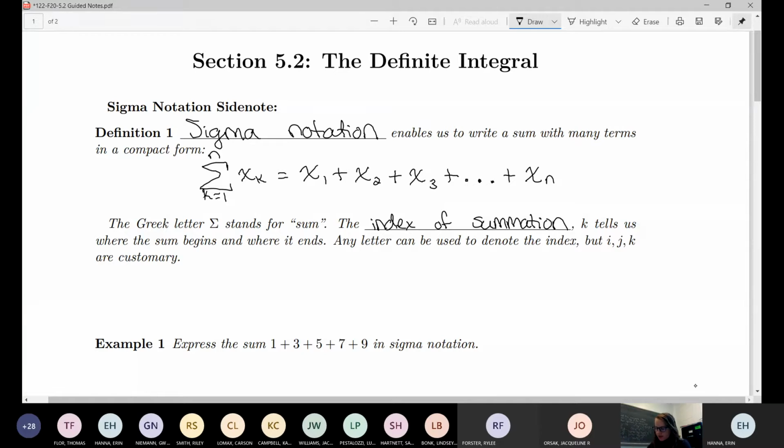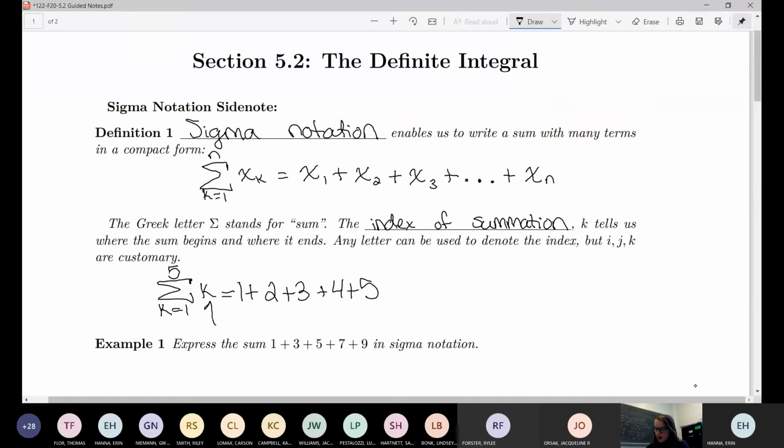So for instance, say I wanted to write out 1 plus 2 plus 3 plus 4 plus 5, the first 5 numbers added together. Well, we would write that in sigma notation. So essentially, we're just taking that generic number. We're not doing anything to it. So we would say something like k, where k starts at 1 and ends at 5.